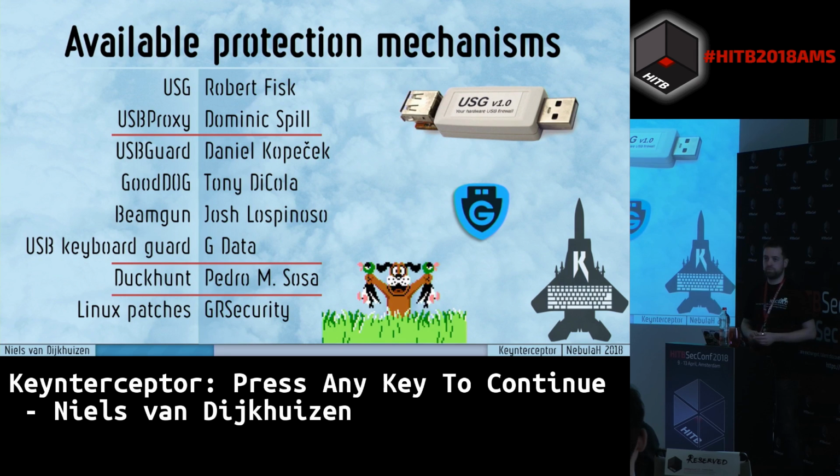And let's have a look at the things that could block this kind of attacks. This is what I found out. We've got some hardware protectors. The USG from Robert Fisk is an interesting thing. It's a USB dongle that sits in between your mass storage device or keyboard and your host.